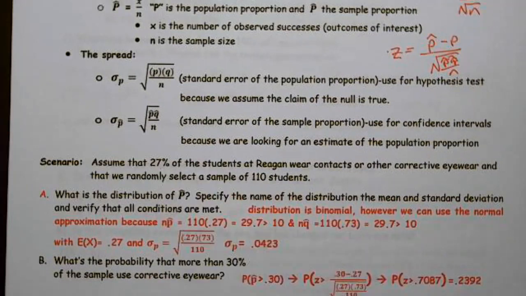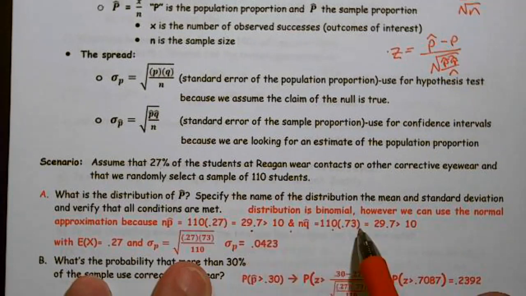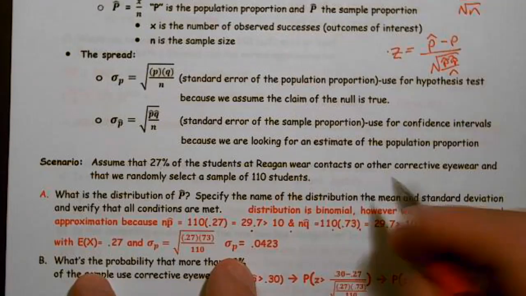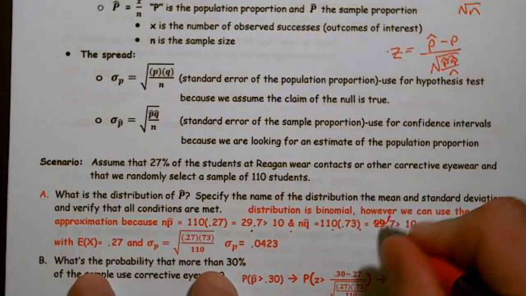All right. But we could use a normal approximation because NP is 29.7 and NQ is, that's not 29.7, is 80.3, which is also greater than 10. So both of these are greater than 10.